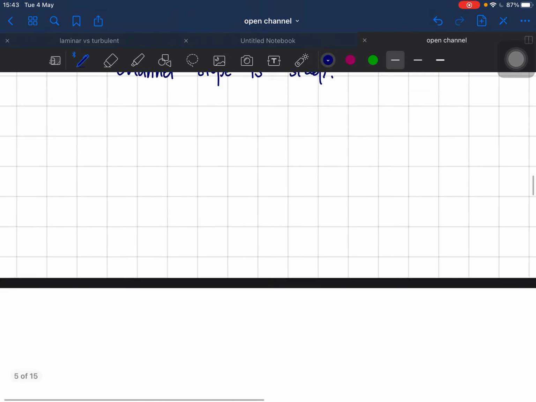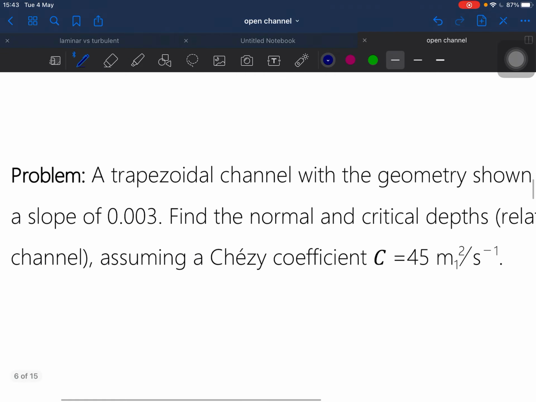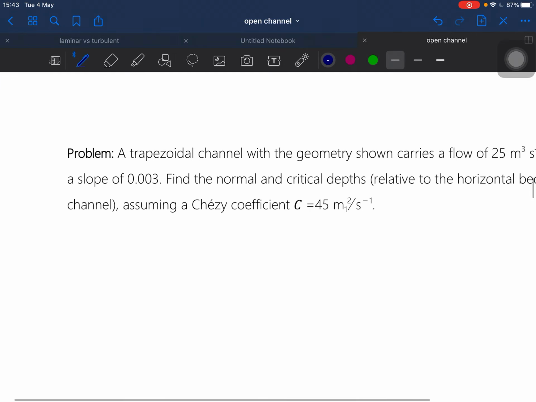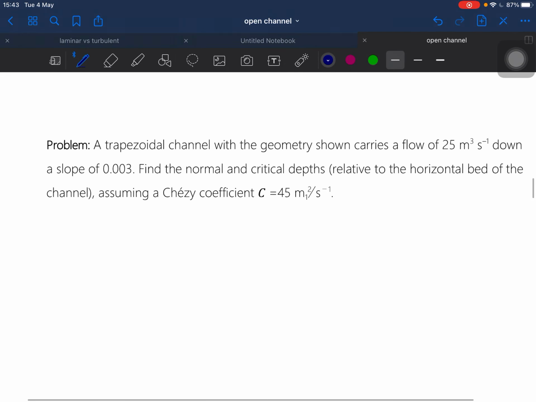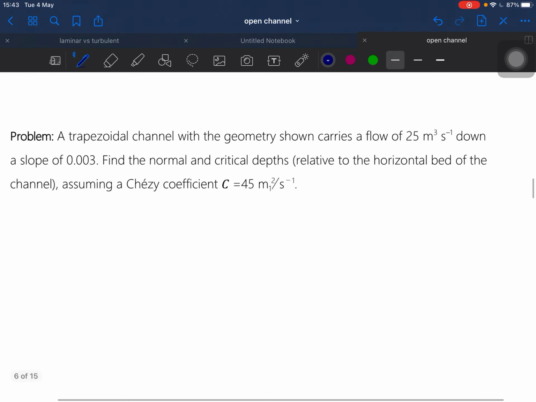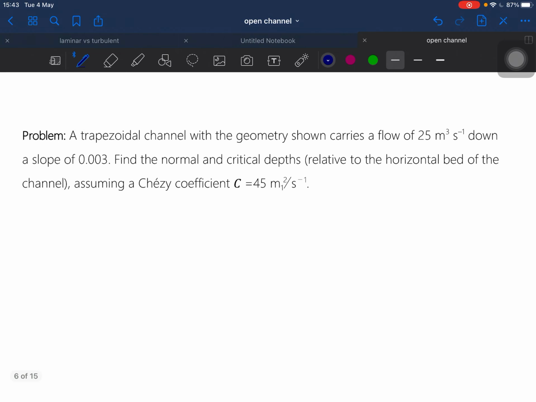As I remember, the next example, yeah, trapezoidal. Oh, we have the Chezy coefficient. Have we learned Chezy coefficient yet last week? I can't remember. Yeah, we should wait until we study the Chezy equation first, right? Then we can continue later.